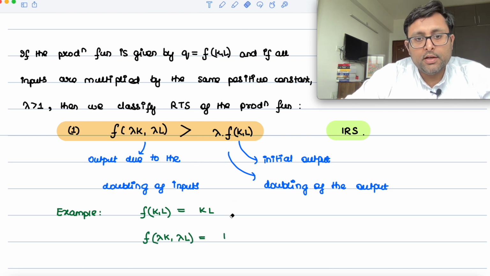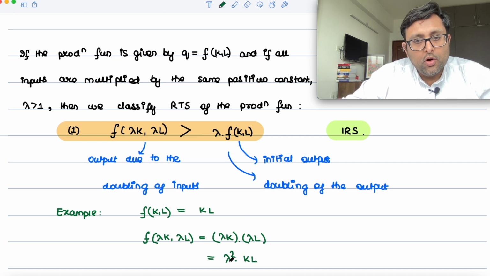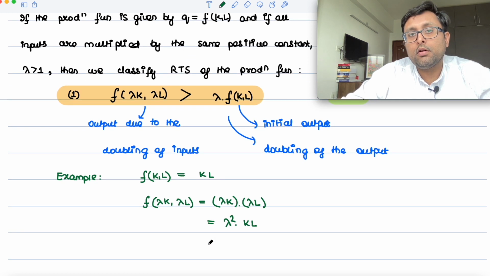So instead of writing k, you write lambda k. Instead of writing l, you write lambda l. And what you get is lambda square kl. Because this lambda is completely factored out, this is the homogeneous function, and the degree with which it is factored out is the degree of homogeneity.